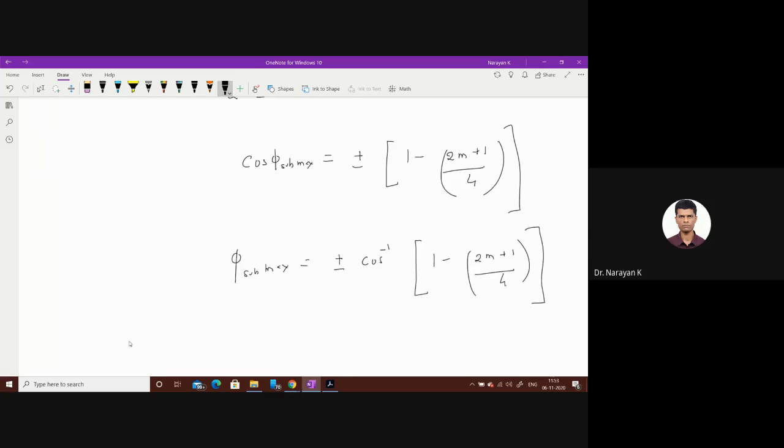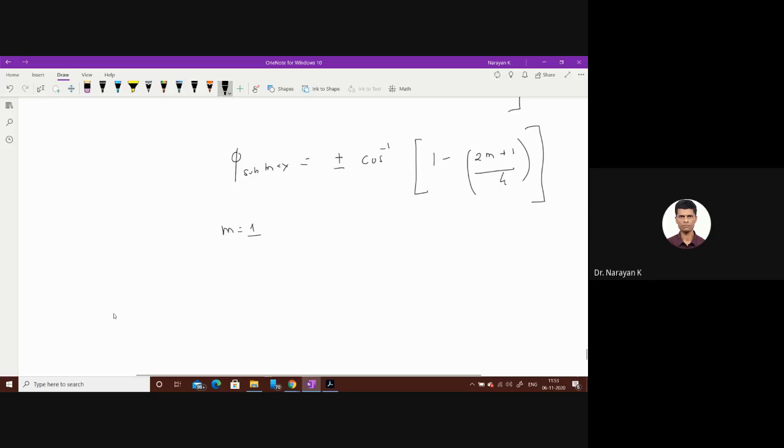Now substitute m is equal to 1 and find out the value of phi max, the subsidiary maximum. It is plus or minus 75.52 degrees.